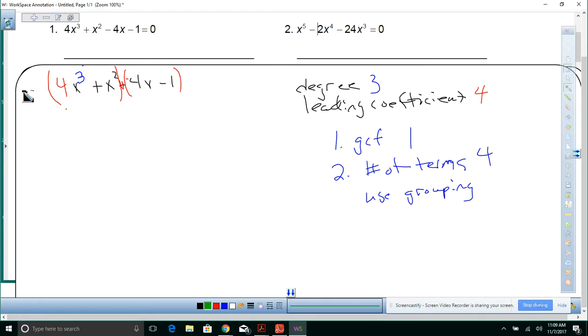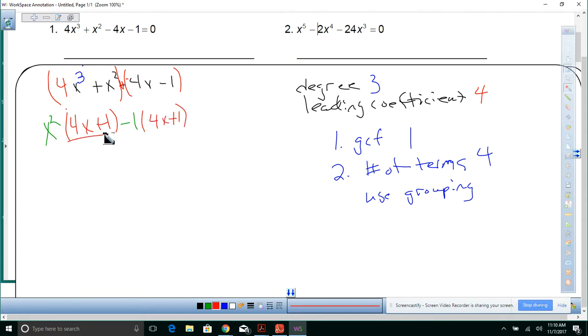What is the greatest common factor in the first one? That would be x squared, and that's going to leave 4x plus 1 in there. Let's look at the back half. What's the greatest common factor? That would be negative 1, and that's going to leave 4x plus 1.